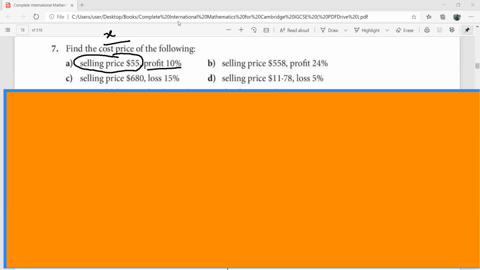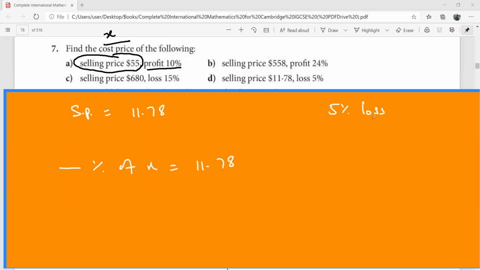Yes, sir. Now it says in this D part that the selling price is 11.78. So remember, the selling price is never the original value. There is a loss of 5%. If there is a 5% loss, then when you are going to find it, you're going to write that equation: blank percent of X equal to 11.78.